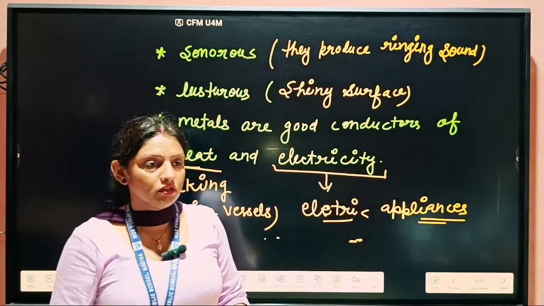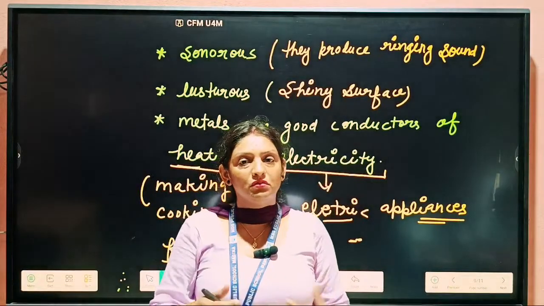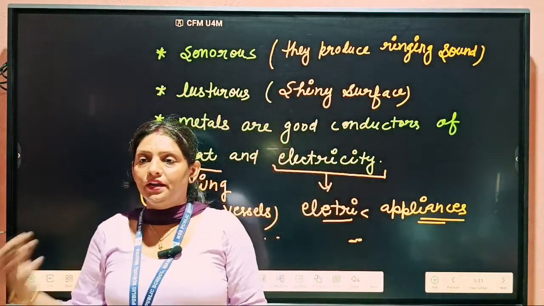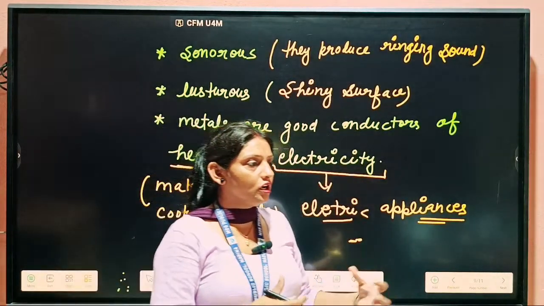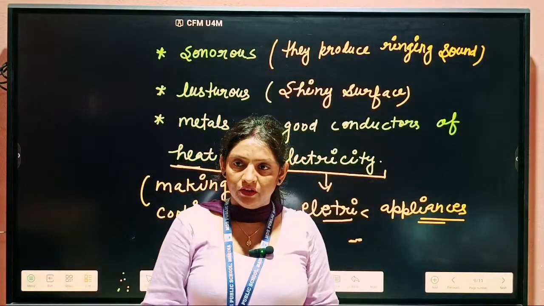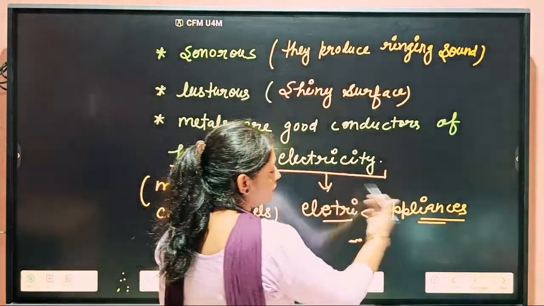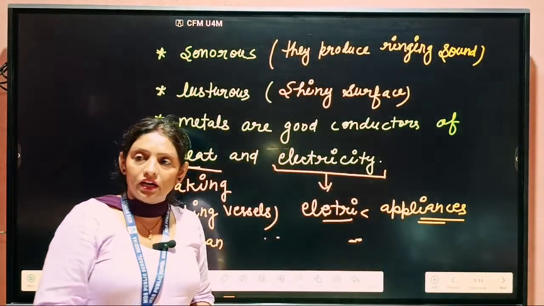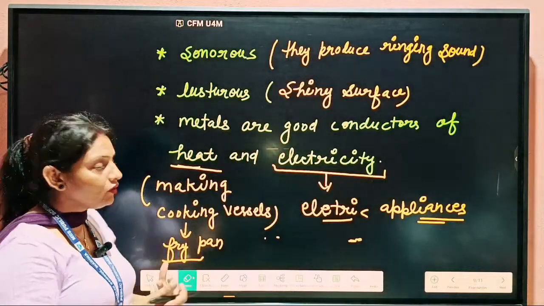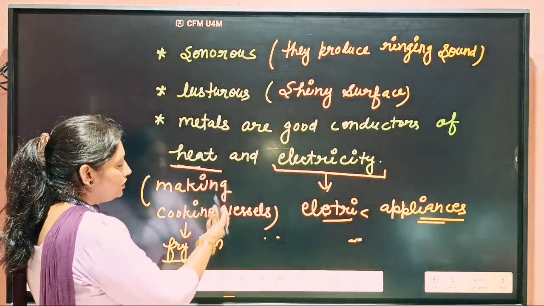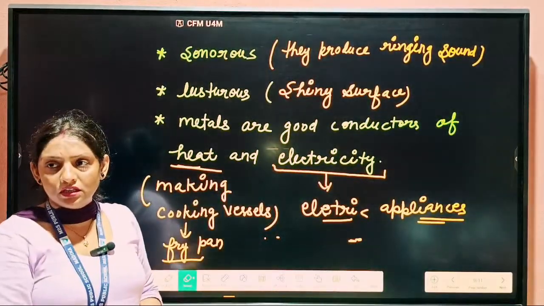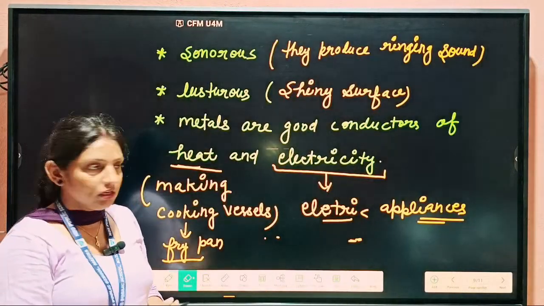Electricity is passed through wires, and wires are made up of copper and aluminum because they are good conductors of electricity. Okay, so metals are good conductors of electricity, so they are used for making electrical appliances, and they are good conductors of heat, so they are used for making cooking vessels.